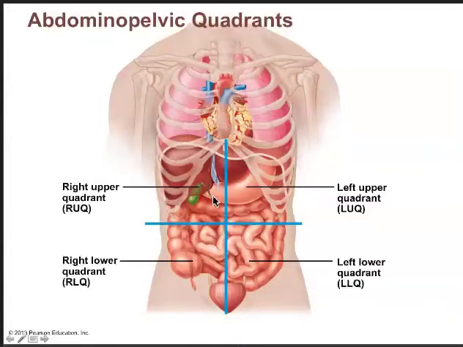Over here in the left upper quadrant you've got the stomach, part of the liver, part of the transverse colon. Okay, and in the left lower quadrant you've got of course, small intestine, the descending and sigmoid colon, and portions of the bladder. Okay, so knowing the locations of these organs, if the individual presents with pain in a specific quadrant, then this can be used as a clue in the diagnosis of what might be wrong with that individual.